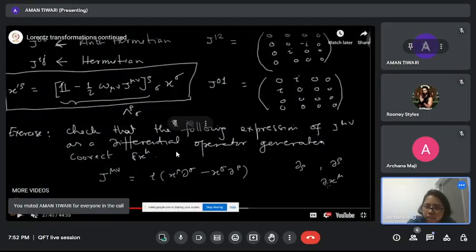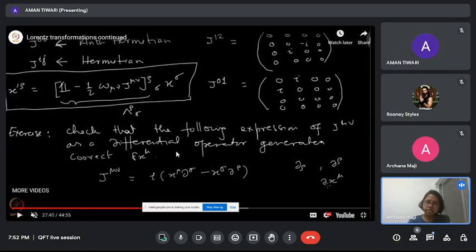So here omega mu nu. We have used a different notation, but the point is the same. Here rho and sigma denote the directions along which you are performing the transformation.